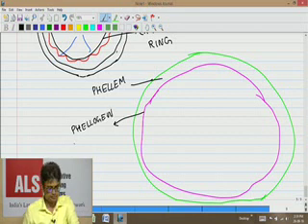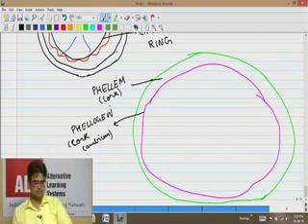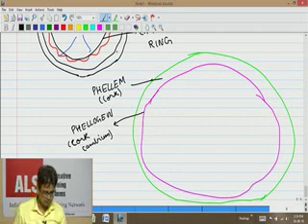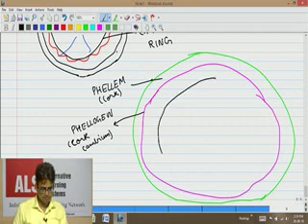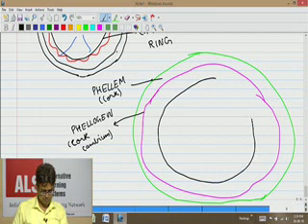You can also call it cork cambium. Phloem is the cork layer. Cork or cork cambium, and then there is a secondary cortex, but labeling it would be a bit tricky. Okay, like this.